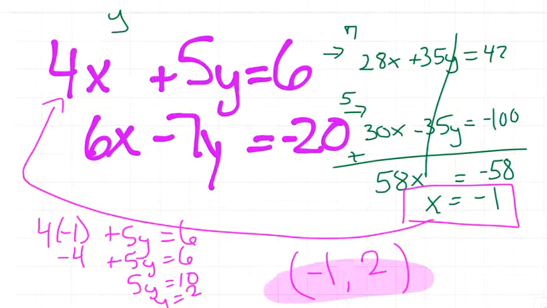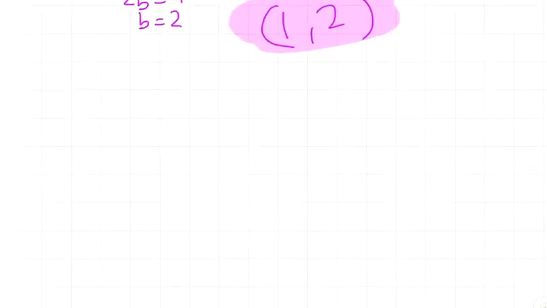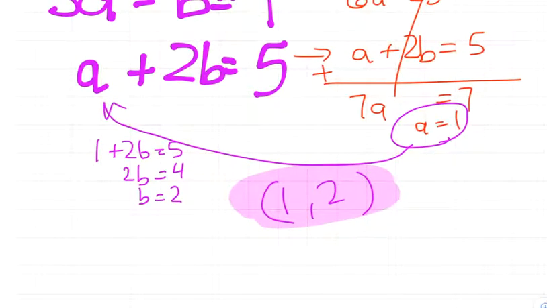Your answers can be fractions, they can be decimals. You may choose to subtract down. And again, if you do that, make sure, if you were to subtract down on this problem, that we would multiply the top equation by nothing. The second equation would get multiplied by a 3, so that would be a 3a plus 6b equals 15.